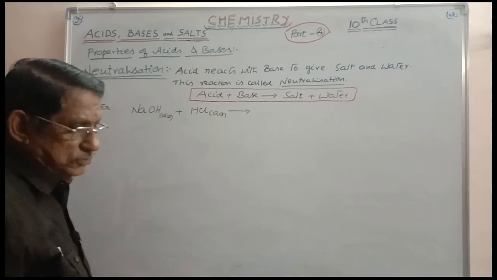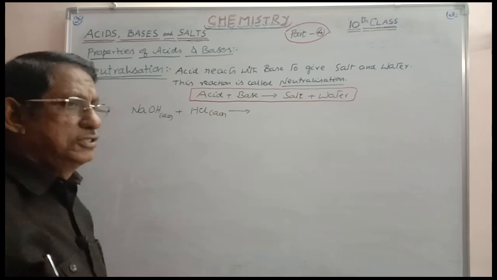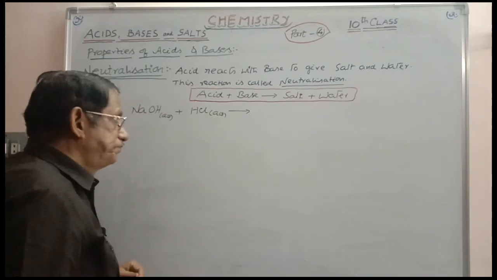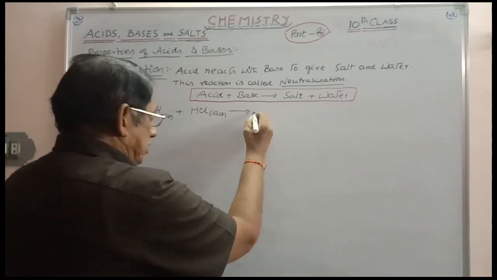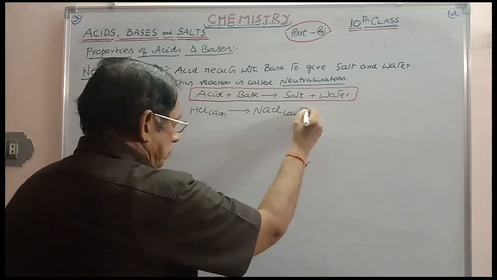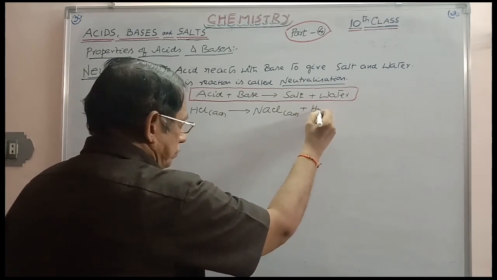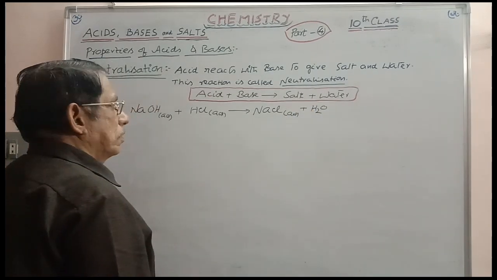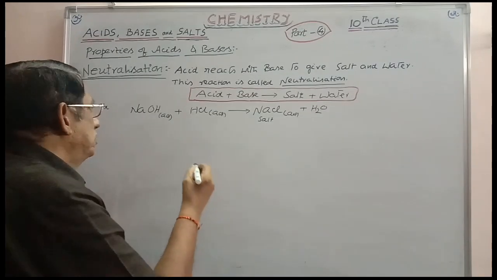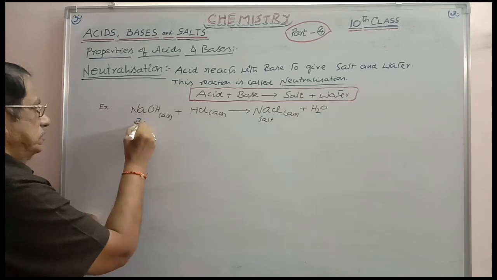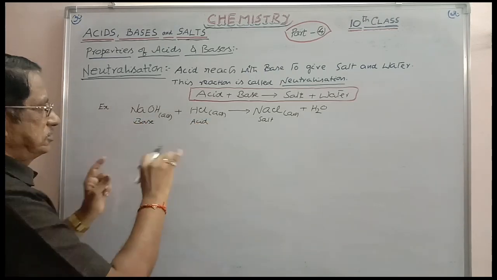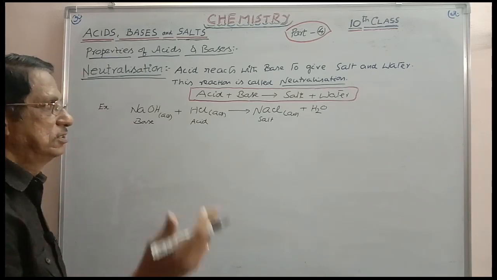This is also a double displacement reaction because the cations are exchanging their places. You will get NaCl aqueous plus H2O. NaCl is salt, NaOH sodium hydroxide is base, HCl is acid. Acid plus base or base plus acid will give you salt and water.